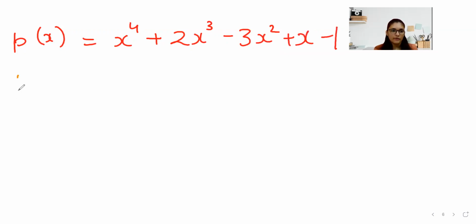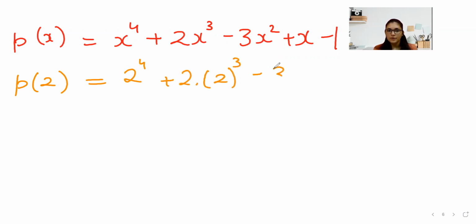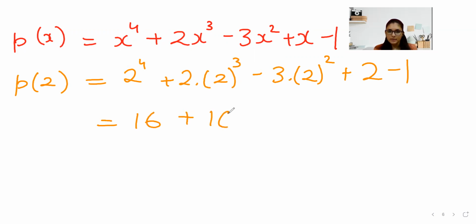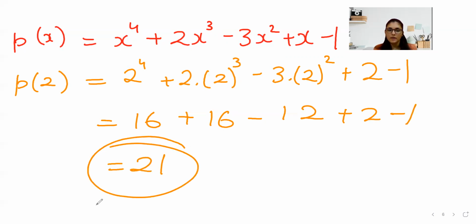Now the value when x equals 2: 2 to the power 4 plus 2 into 2 cubed minus 3 into 2 squared plus 2 minus 1. So here you will get 16 plus 16 minus 12 plus 2 minus 1, that is 21, and this is the remainder.